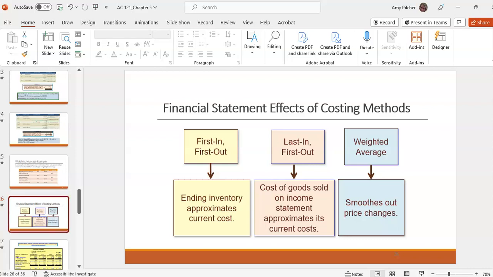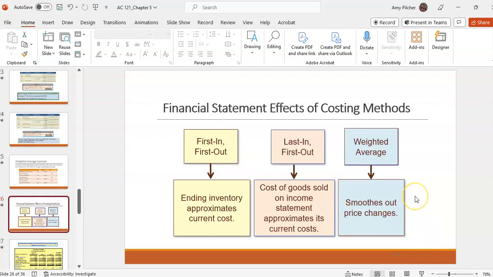So we'll look at this. Ending inventory is the current cost of inventory. So with first in, first out, our ending inventory is the current cost of inventory, and what ends up in our cost of goods sold is old cost of inventory. With the last in, first out, the cost of goods sold on our income statement is our most current cost of inventory, and older inventory costs are on our balance sheet.